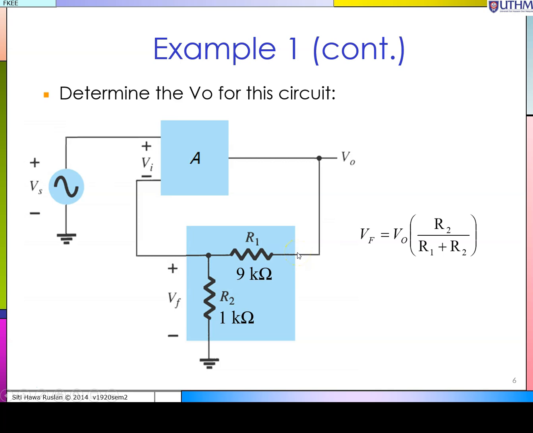Using a voltage divider, my VF is simply Vo multiplied by R2 divided by R1 plus R2. So beta, the feedback network's output signal over the output signal, VF over Vo, equals R2 over R1 plus R2. I have R1 of 9 kilo ohms and R2 of 1 kilo ohm. If I calculate this, I get 0.1. This is the value of my beta.